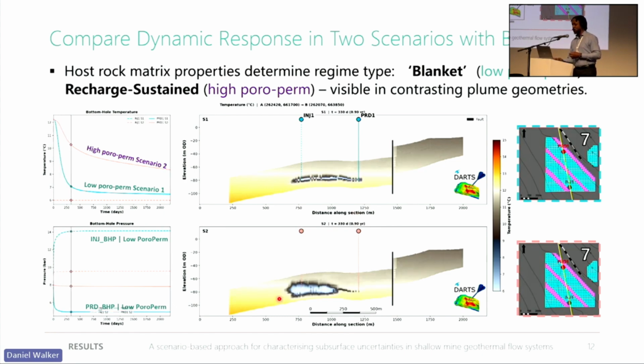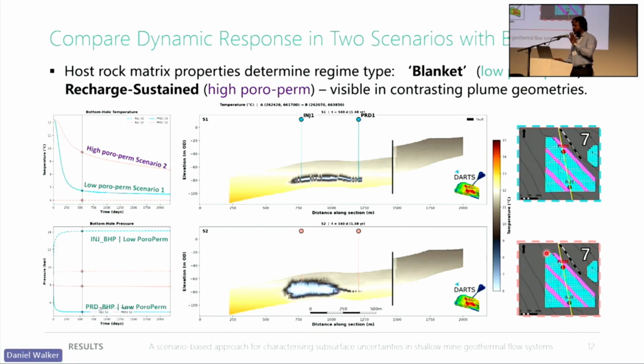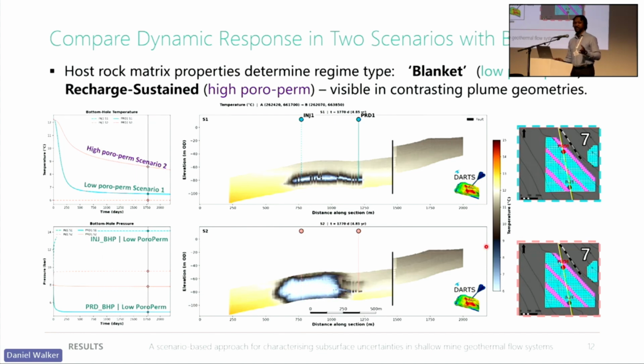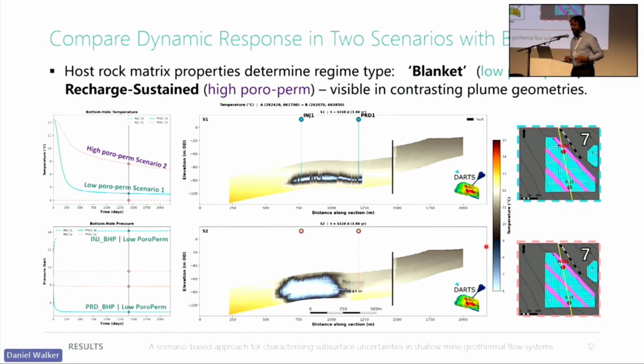In the high host rock permeability below, we can see that the backfill material in between the producer and the injector has changed the thermal sweep pattern. So it has more or less created preferential pathways for the temperature to evolve.